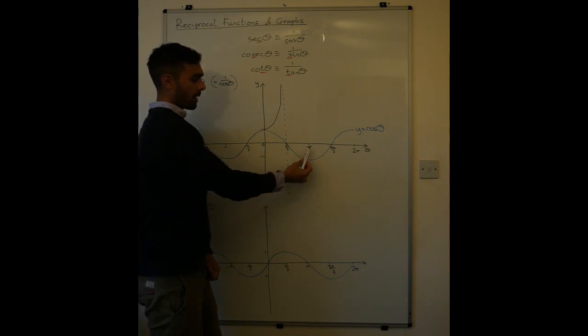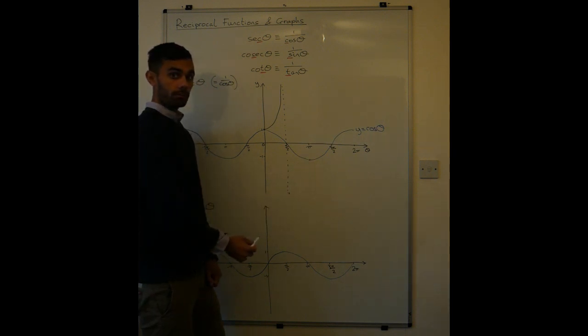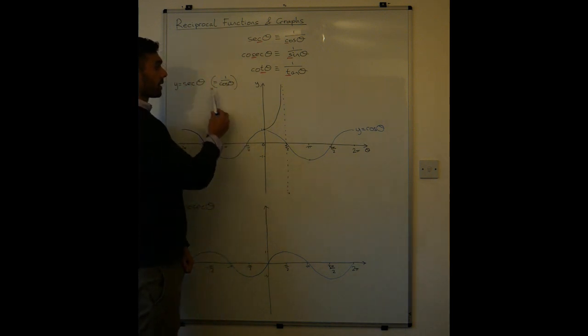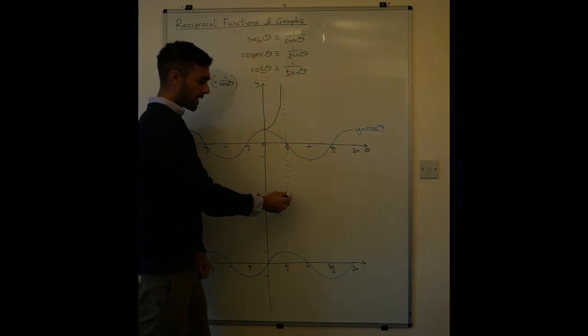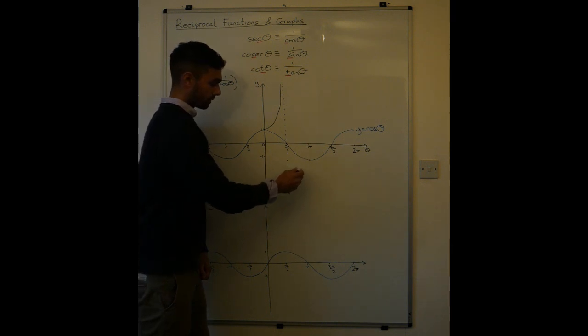And then as you get closer to pi, cos hits -1, which means sec is going to be 1 divided by -1. Sec's also going to be -1. So sec is starting over here and it's getting to -1 here. It's going to look like this.